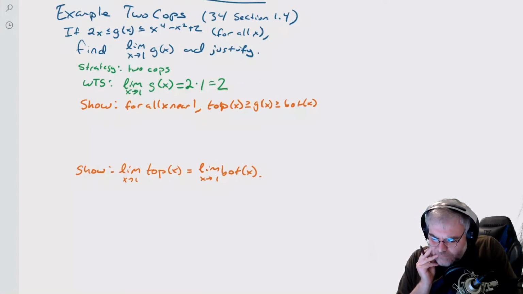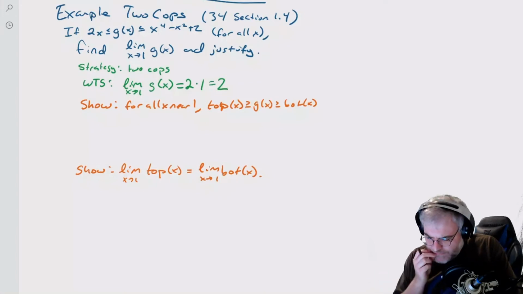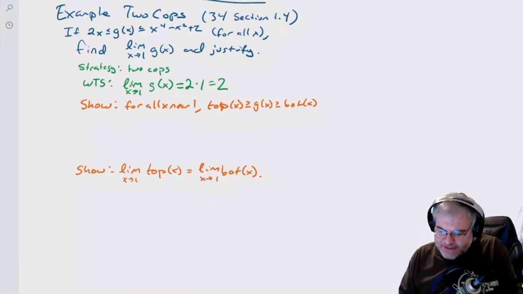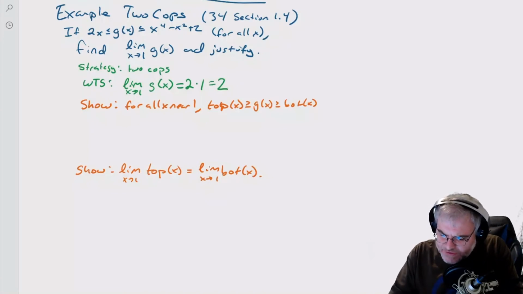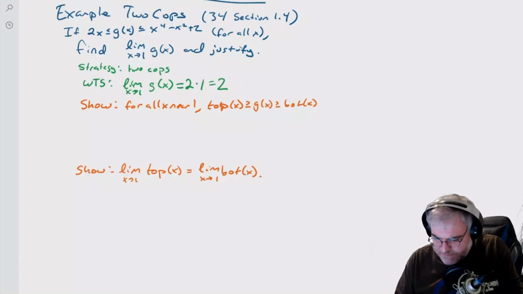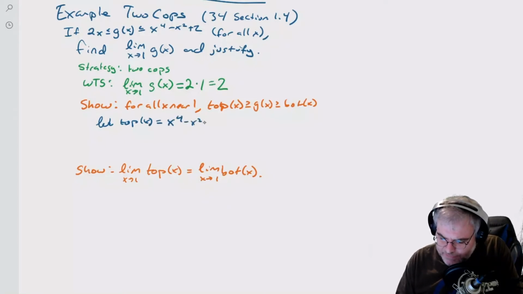And another one that I've seen, I'll go over this real fast. So this is what I need to show, and I need words basically here. Okay, so here what I'm going to say is actually pretty simple, which makes it hard because you're trying to say something simple. Let top of x equal x to the 4th minus x squared plus 2, bot of x equal to 2x, by the statement of the problem.